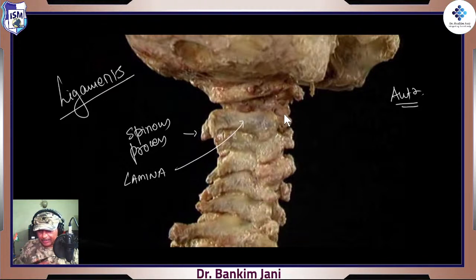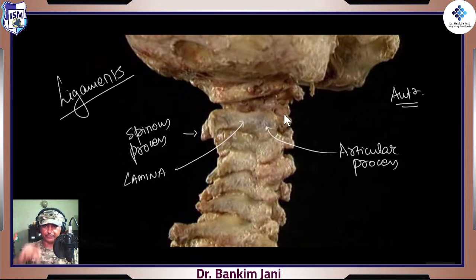Then laminas will be connected to those articular processes, right? And collectively, when you form all the articular processes together, it forms the articular pillar, right? So that would be the articular process. And you know very well, superior, inferior, superior, inferior.